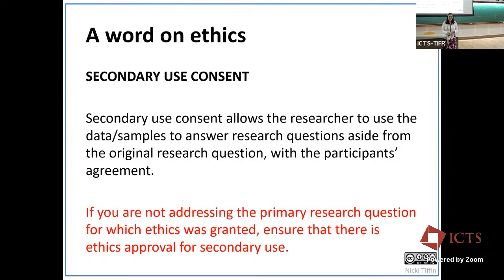That allows you to use data or samples to answer research questions which are separate from the original research question. So you really need to do your due diligence before you even get hold of the data to make sure that you are within the ethical bounds that are permitted by the data. So that's just a little caution before we even start to talk about using the data themselves.